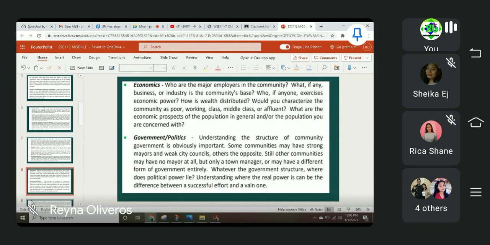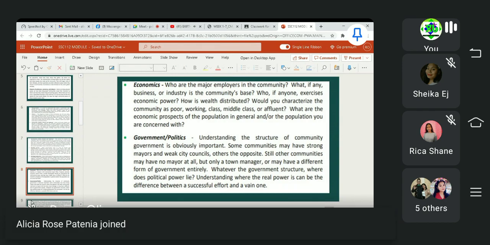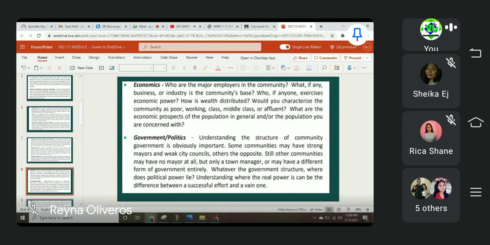Okay. Next, another aspect of community is economics. Yan. So the economics, sabi dito, who are the major employers in the community? 'Di ba? Dapat alam mo rin 'yan. What, if any, business or industry is in the community base?